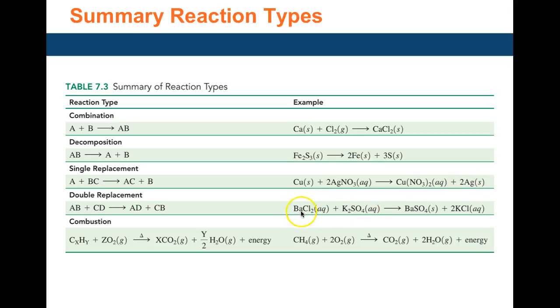And then barium, extreme left to extreme right, barium sulfate comes out as a precipitate, and then the potassium and the chloride come together but stay in solution. And then you have combustion, where you have a carbon hydrogen compound called a hydrocarbon, reacting with oxygen from the air in the presence of heat, forming carbon dioxide, water, and a lot of energy.